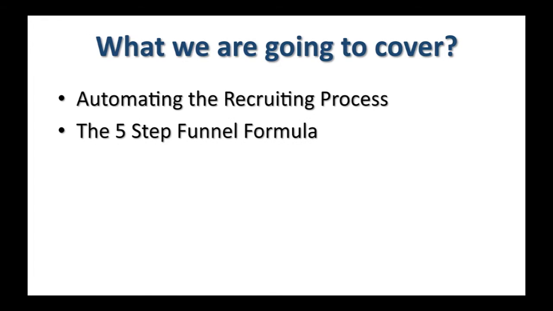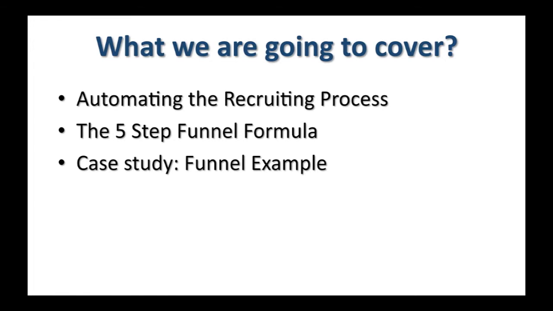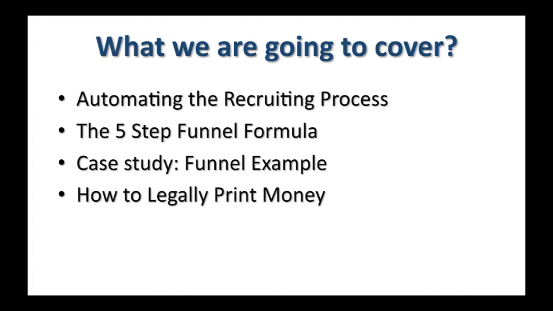The other thing is I'm going to show you the funnel. Basically, there's 5 steps to it, 5 parts that go along with the automation process. I will give you the exact example of that and use a case study on that, and then I'm going to wind it down with basically showing you how to legally print money. And if you grasp all of this information and what I'm going to show you, it's just going to really rock your world.